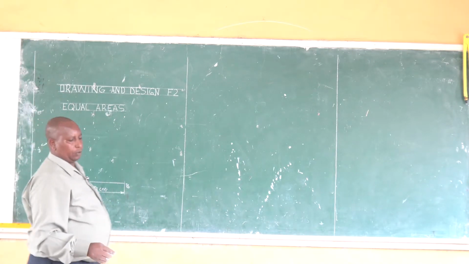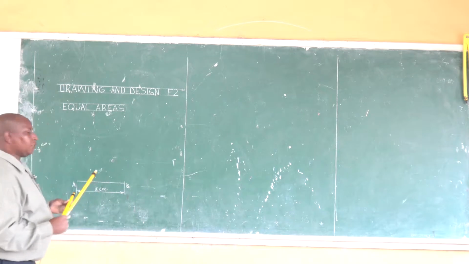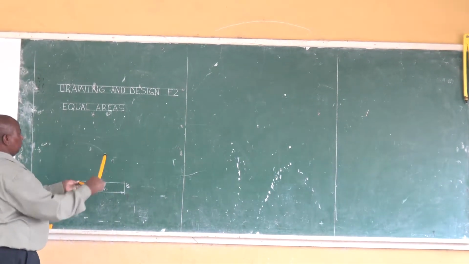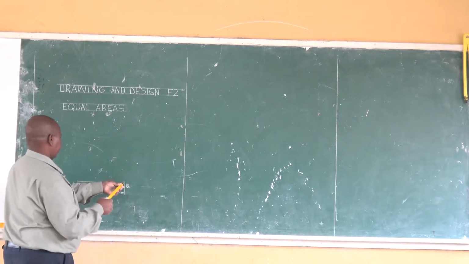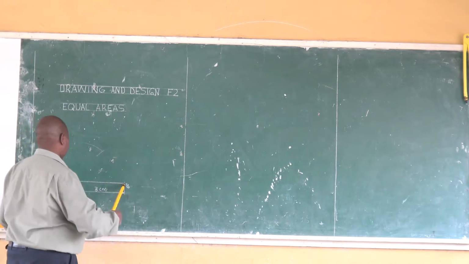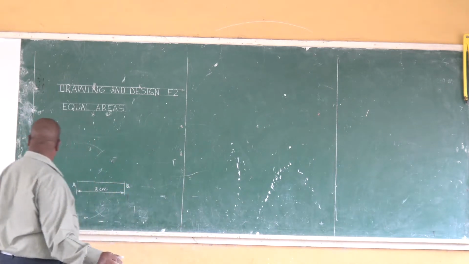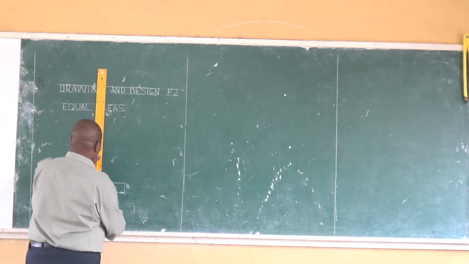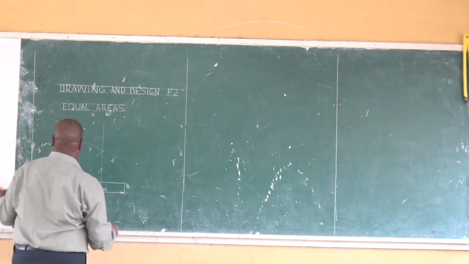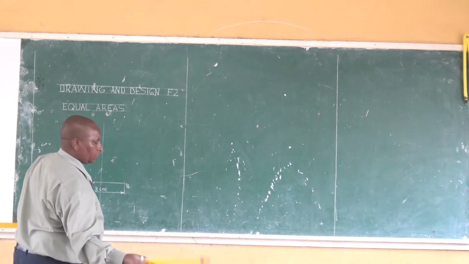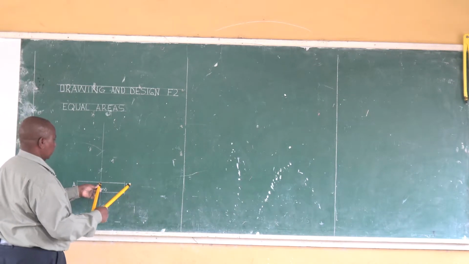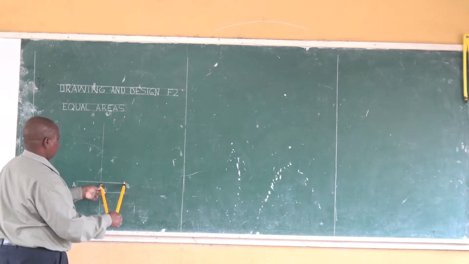The method that we are going to use is the universal method. So bisect line AB, so draw angles of 45 degrees and angles of 60 from the center point of the line AB.